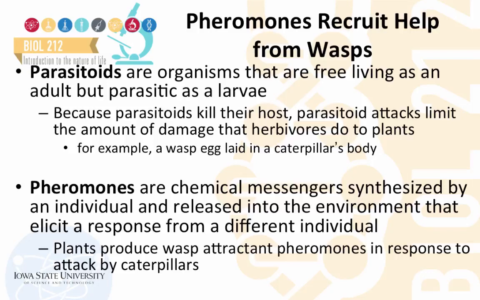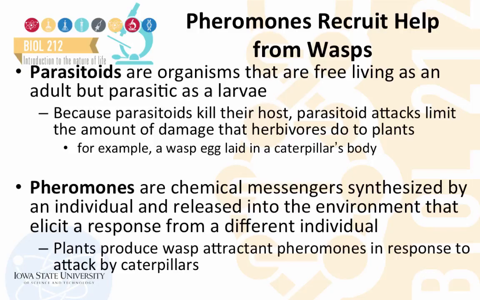Because these organisms kill their host, parasitoid attacks limit the amount of damage that herbivores do to plants. Pheromones are chemical messengers synthesized by an individual and released into the environment that elicit a response from a different individual. For example, plants produce wasp-attractant pheromones in response to attack by caterpillars.